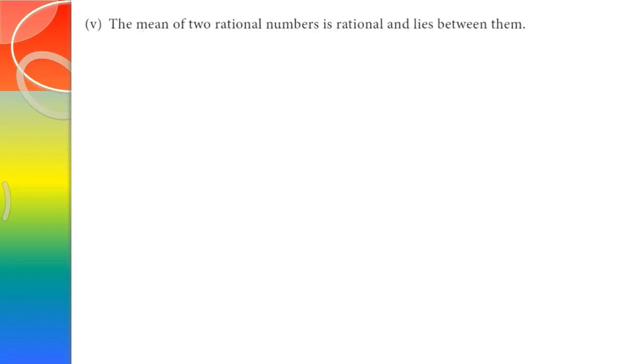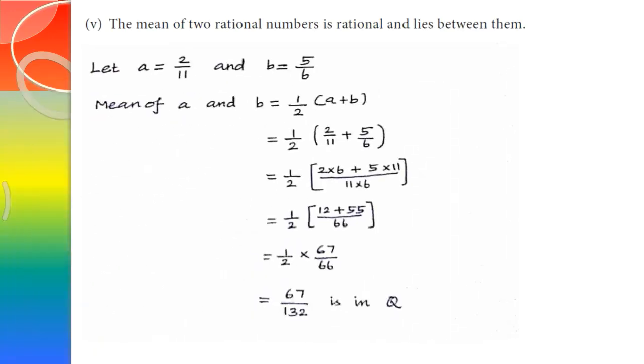The mean of two rational numbers is rational and lies between them. Check out the mean of the two rational numbers. Let A be 2 by 11, B be 5 by 6. Mean of A and B, that is, mean means addition and divide by 2. That is 1 by 2 of (A plus B), 1 by 2 of (2 by 11 plus 5 by 6).